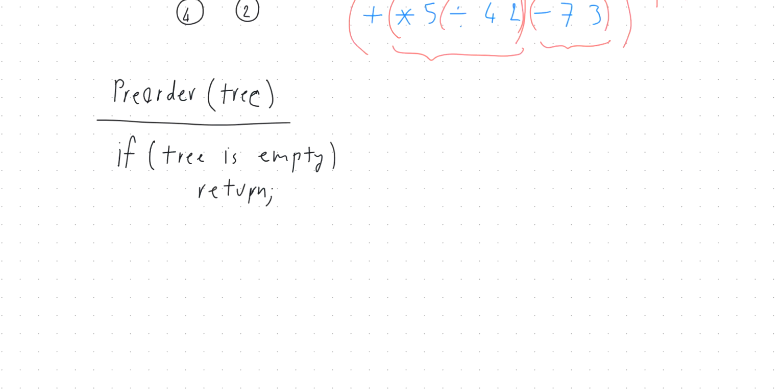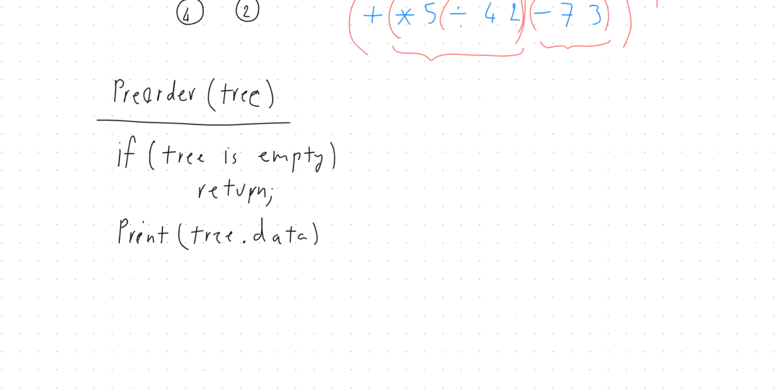Now, otherwise, what we do in pre-order is first we print the current node's data. So tree.data. Okay. So that's processing the current node. Processing here means just printing the data in that node. And then we have to go to the left subtree. So that's going to be a recursive call.